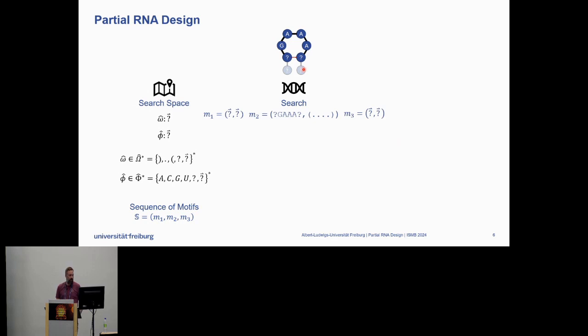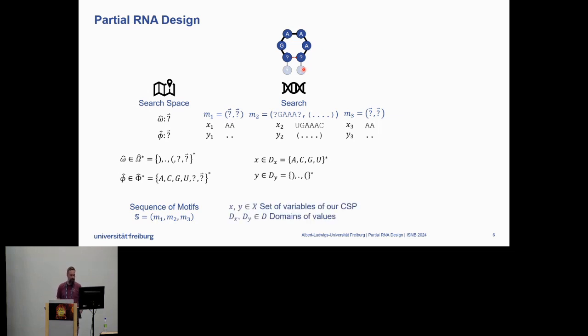Here are our motifs now, M1, M2, M3, and we just use these 2 variables, and then we can assign values to these variables. Our variables X and Y are defined as sequences of nucleotides and structure symbols. And finally, these variables will define our set of variables for the constraint satisfaction problem. And the D_X and D_Y will be their corresponding domains of values in this problem formulation.